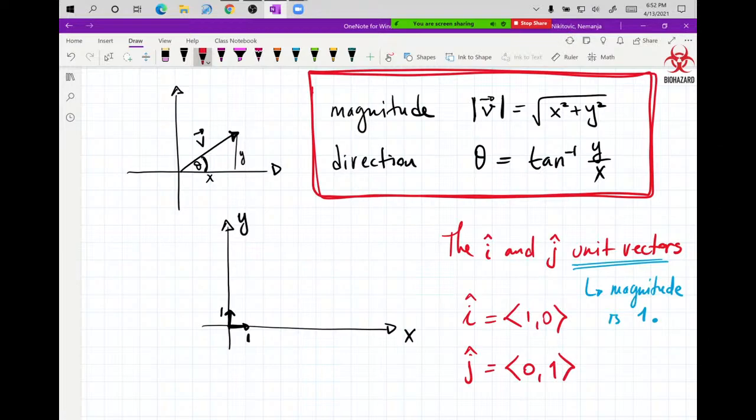If you look at the picture, you see that the initial point is (0, 0), and the terminal point for i hat is (1, 0), and the terminal point for j hat is (0, 1), in every case.